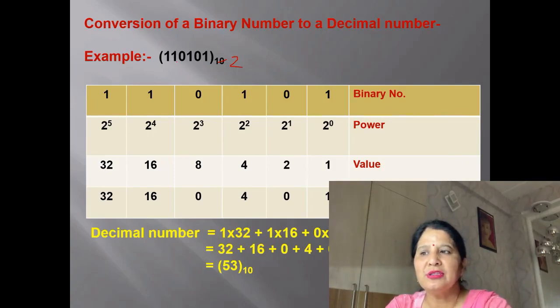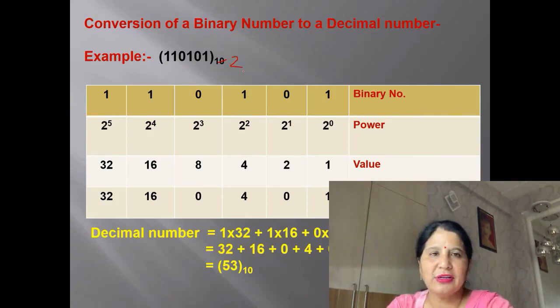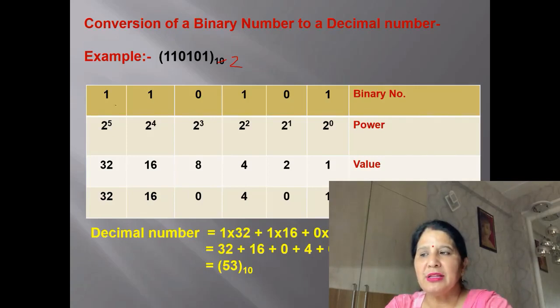Now 1 1 0 1 0 1. This is a binary number and the base will be 2, so it defines that this is a binary number. Now we will convert it into a decimal number. First we will make a table.